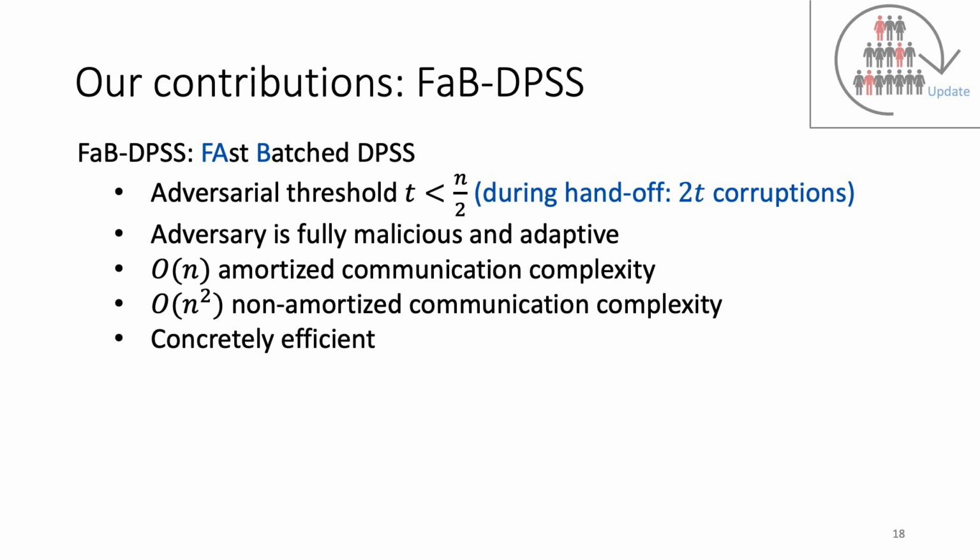The adversary for us is fully malicious and adaptive, meaning that the adversarial parties can behave however they want, and the adversary can corrupt parties at any given time. The communication complexity in our scheme is linear amortized, and the non-amortized is O(n^2), and the protocol is also concretely efficient.